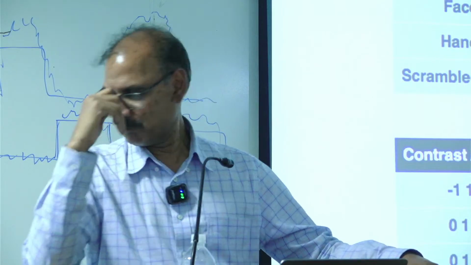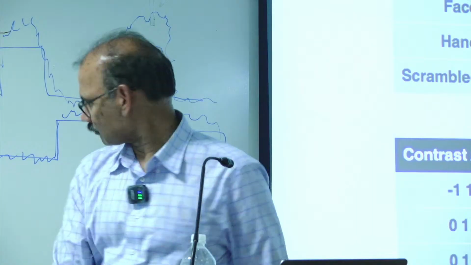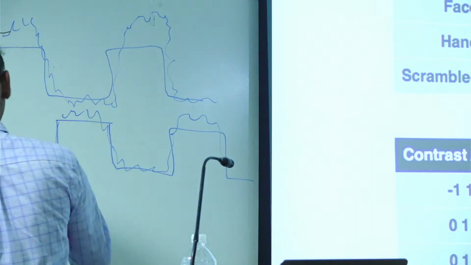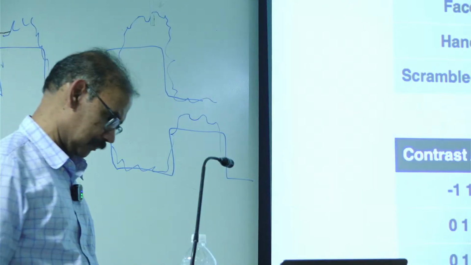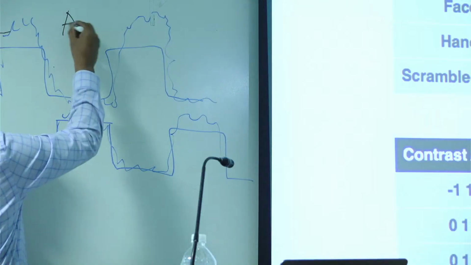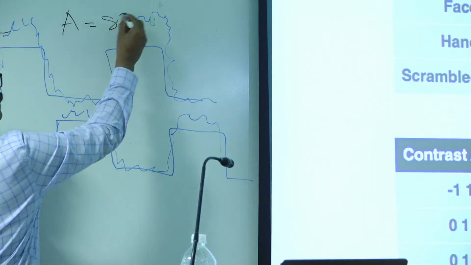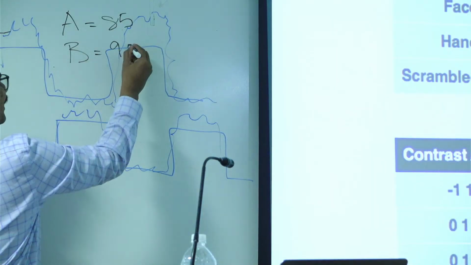So let's try, right? Let's say student A gets 85 and student B gets 90, right?